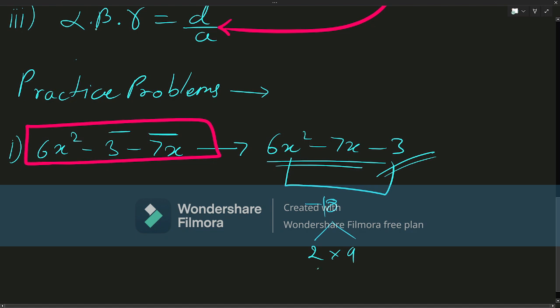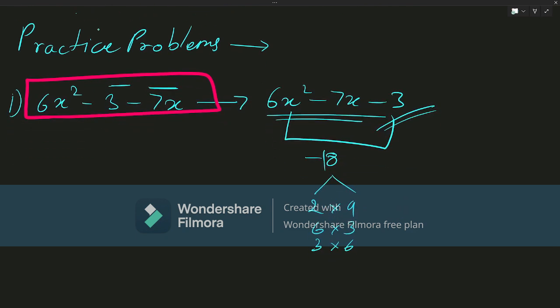Or 6 into 3 is 18, this could also work. And there's another, 3 into 6, like that. Or just 18 into 1. Now, out of these four options, the best option is this one, because if we subtract 2 from 9, we'll get 7. Okay, 9 minus 2 is equal to 7.